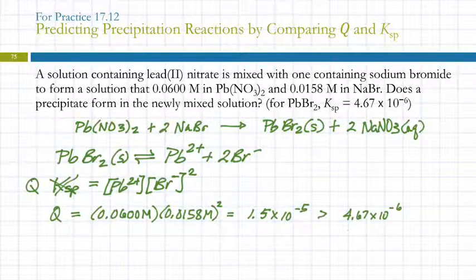Our Q is larger. It's not kidding, Q is larger than KSP. So, is precipitation going to occur? Yes. Because this reaction is going to shift around to make Q equal KSP. So these concentrations have to come down in order for Q to get smaller until it reaches the value of KSP. Make sense? So yes, a precipitate will form.